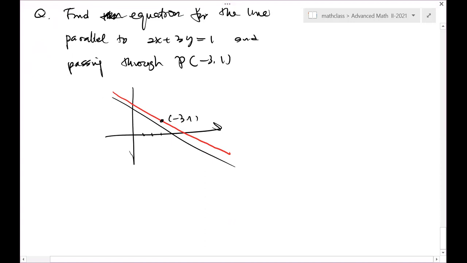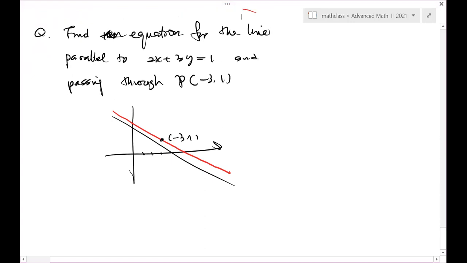All right, you try it. I'll give you half a minute to think about it. You're given a linear equation. From that linear equation, what can you get?